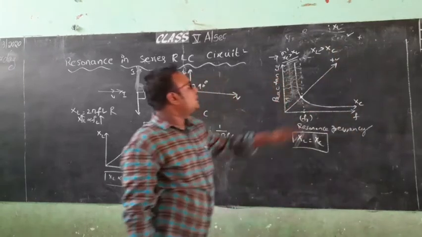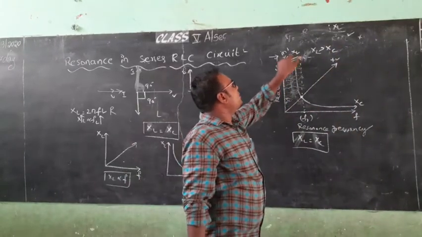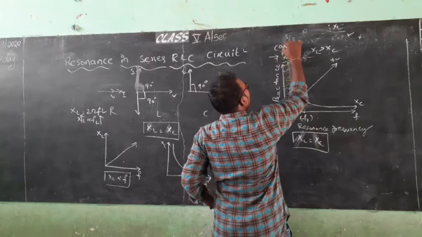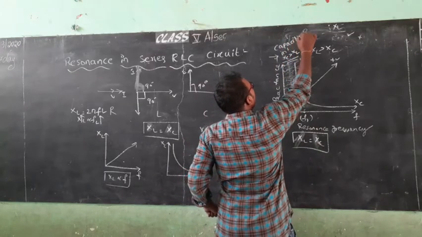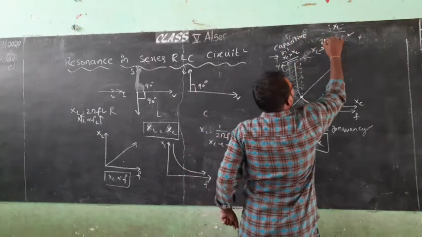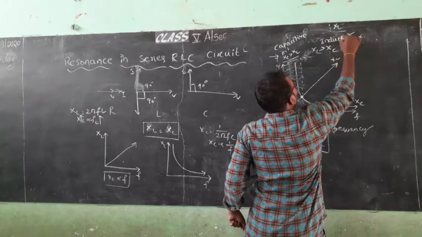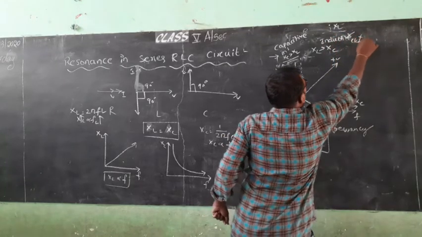When XC is greater than XL, the circuit is capacitive, and this region to the right of the plot is the inductive circuit.